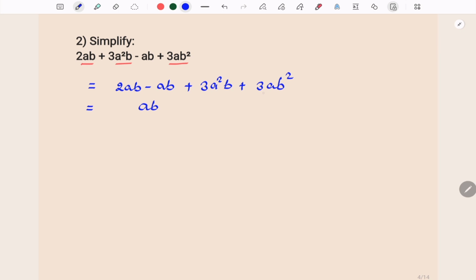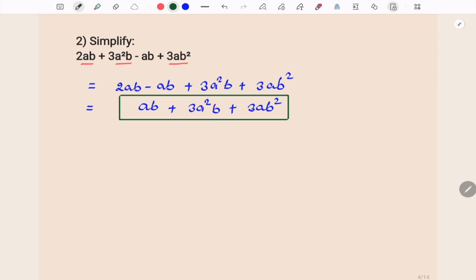The remaining terms cannot be combined because they are not like terms. So I will write them as they are, 3a squared b plus 3ab squared. So here we have the final answer, ab plus 3a squared b plus 3ab squared.